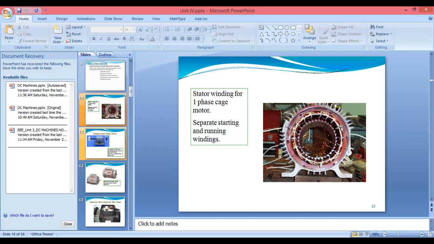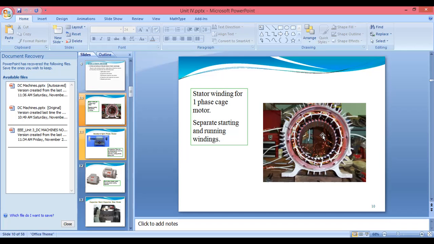In the DC machine we have seen the armature is the heart of the DC machine, and we call that the rotor. So here we are supposed to study the construction of the induction motor. Now we have seen one part: the stator winding, stator core, stator frame. Now we are supposed to study the rotor.